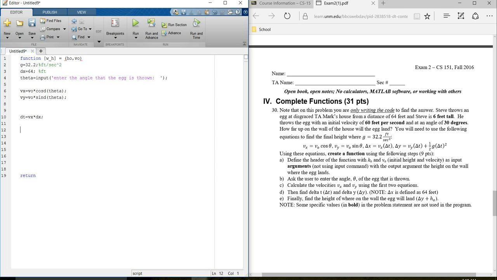I'm going to come down here and do delta y. dy is equal to vy times dt, and plus 1/2 at squared.